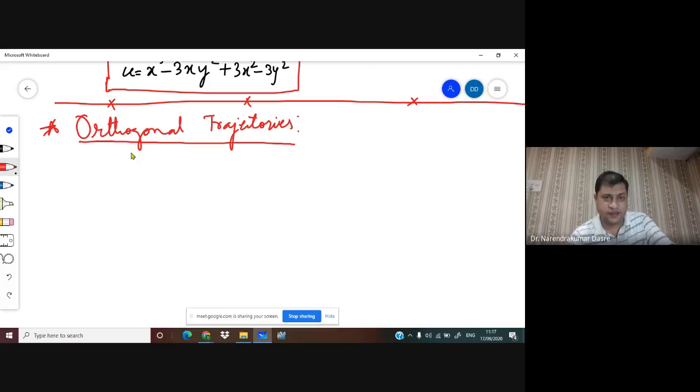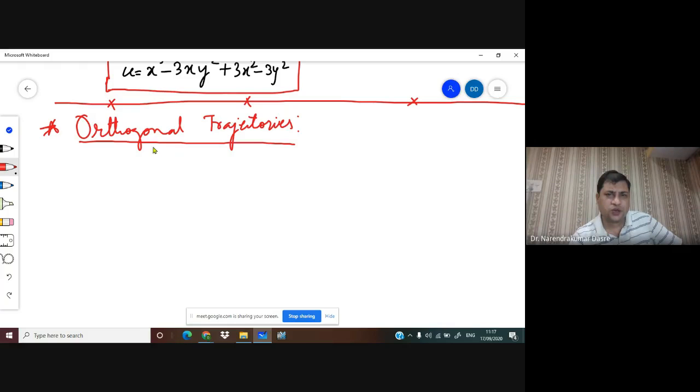orthogonal trajectories. Okay, so we need to understand orthogonal trajectories. Okay, so the first thing is, what do you mean by orthogonal trajectories? Okay, so orthogonal trajectories of any family of curves.